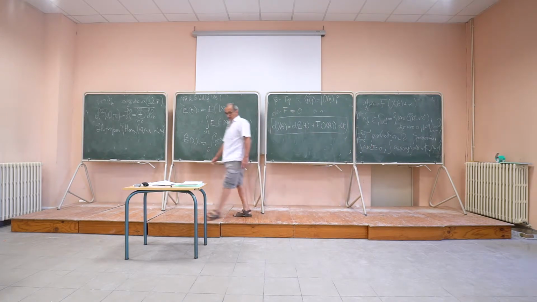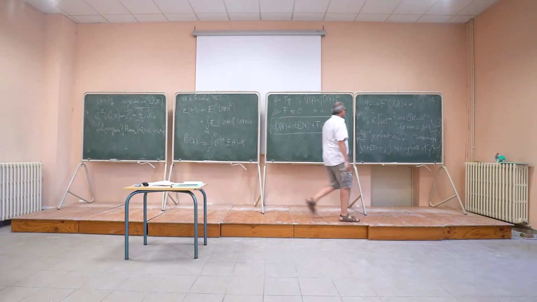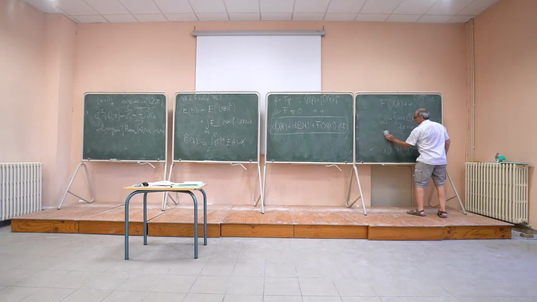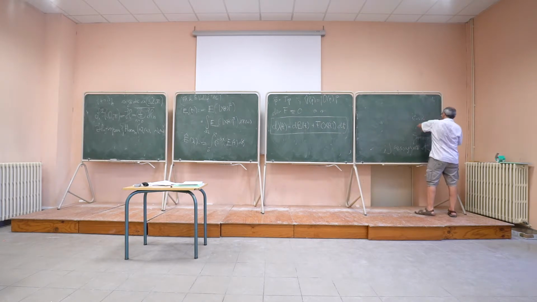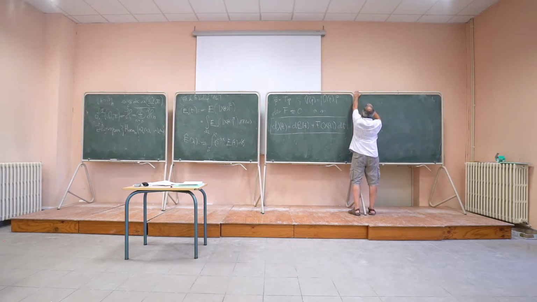Theorem, or no, first conjecture and then theorem. I formulate the conjecture in vague terms because anyway it's a conjecture.